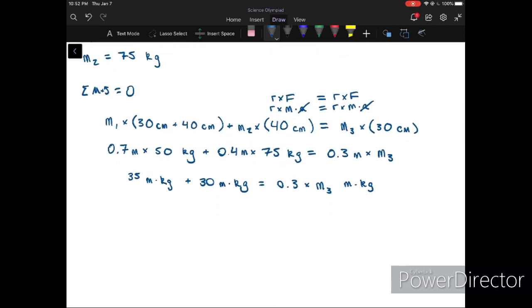So from here, now we're able to solve for 65 meters times kilograms is equal to 0.3 times M3 meters times kilograms.